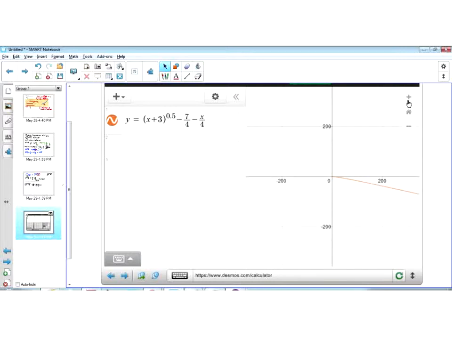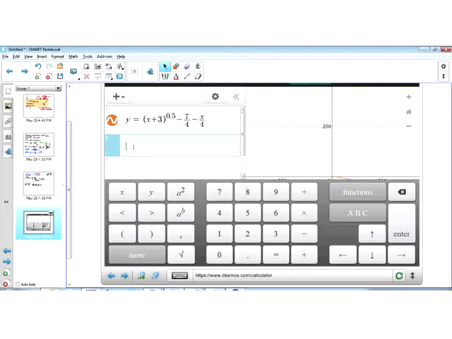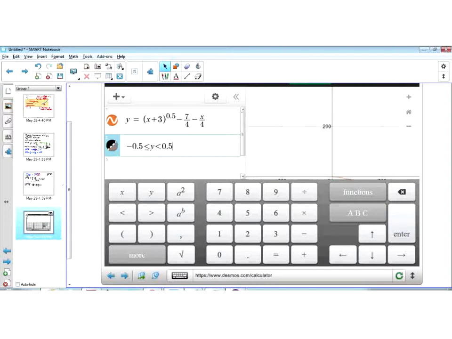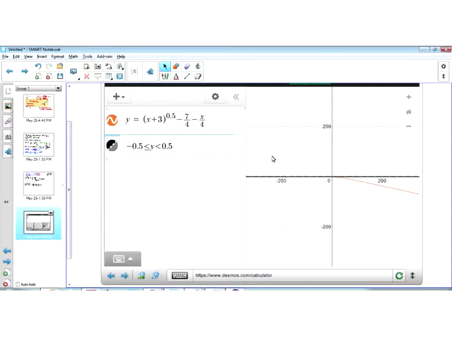Okay, and then we want to find where this output is between negative 0.5 and 0.5, so, less than or equal to y, less than or equal to 0.5. Okay, so we have this band.